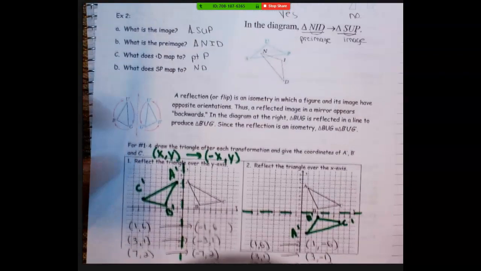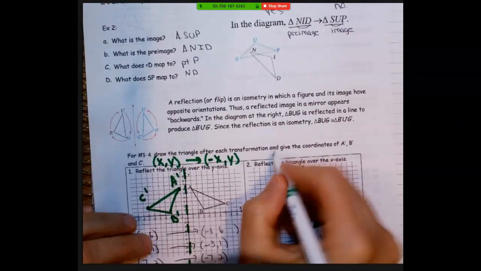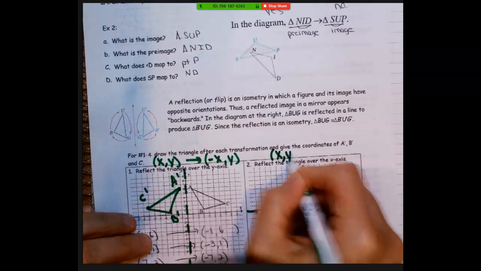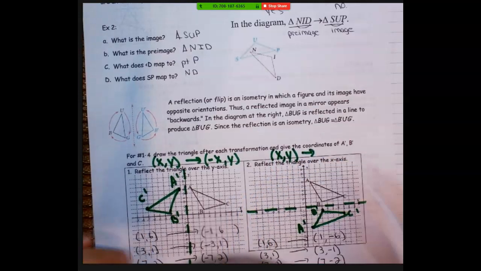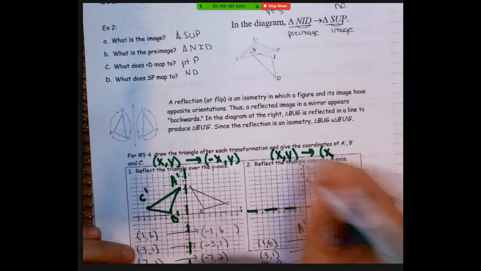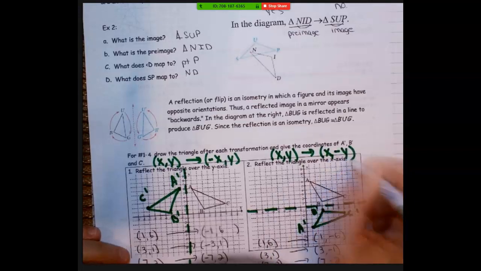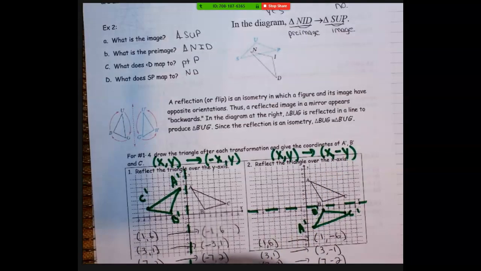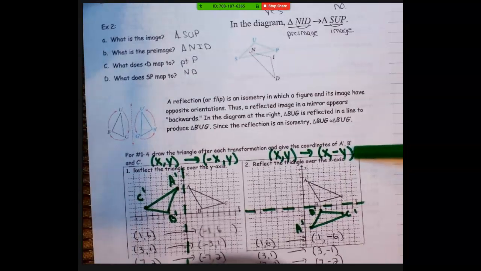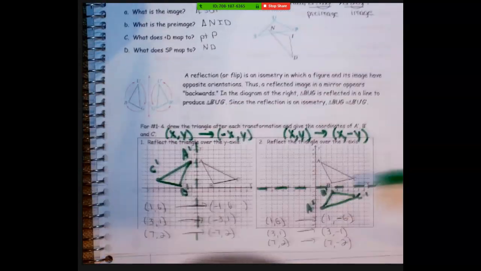So similar to what we did up here, we can actually write it as a rule. Notice when you're reflecting across the x-axis, you've got the point x, y, then x stays the same and y is the opposite. So those rules might come in handy if you're reflecting and you haven't been given the graph.